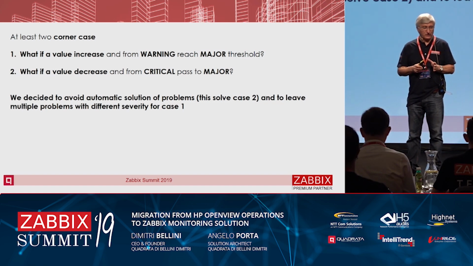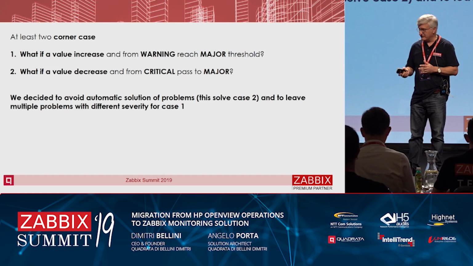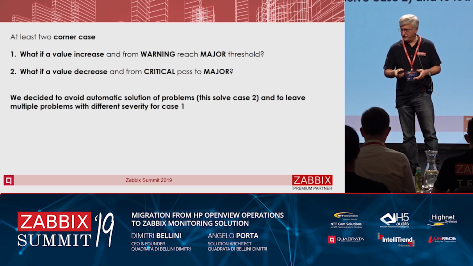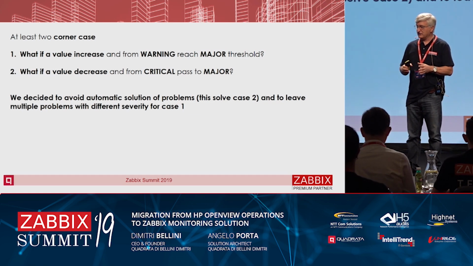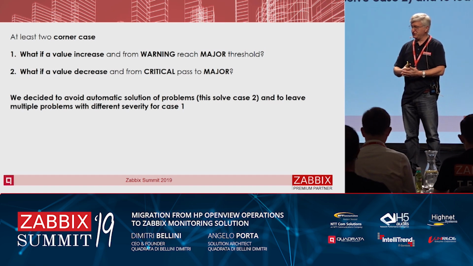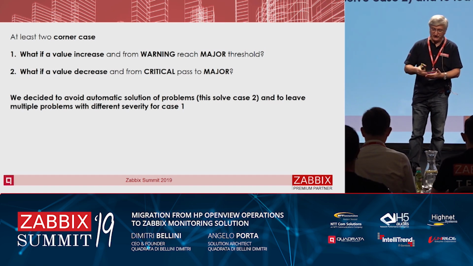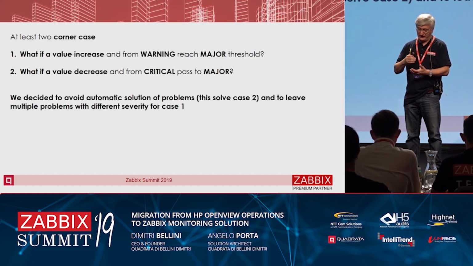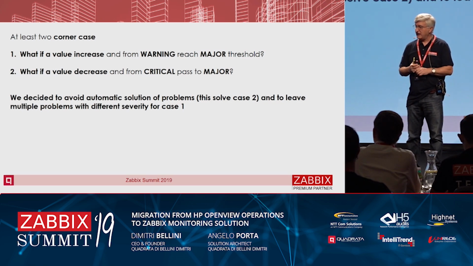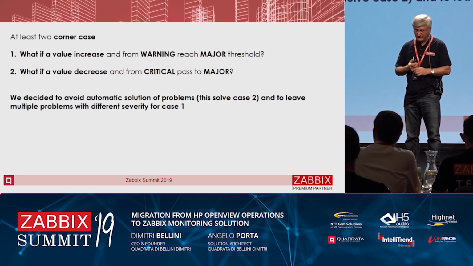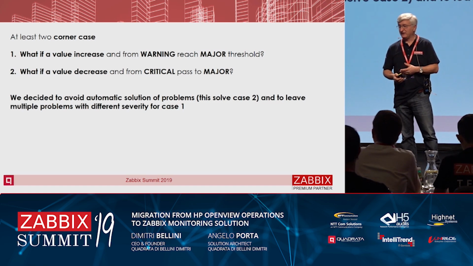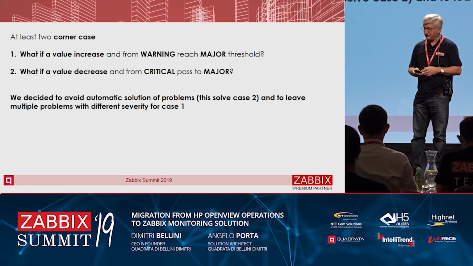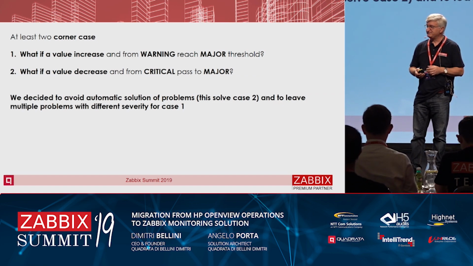So which way to handle this condition? We decided jointly with the customer to avoid the automatic resolution of problems. So in case the value decreases, there is no automatic resolution, so the problem remains on the dashboard. And if the value increases, the same, so we will have different problems. This was decided jointly with the customer.